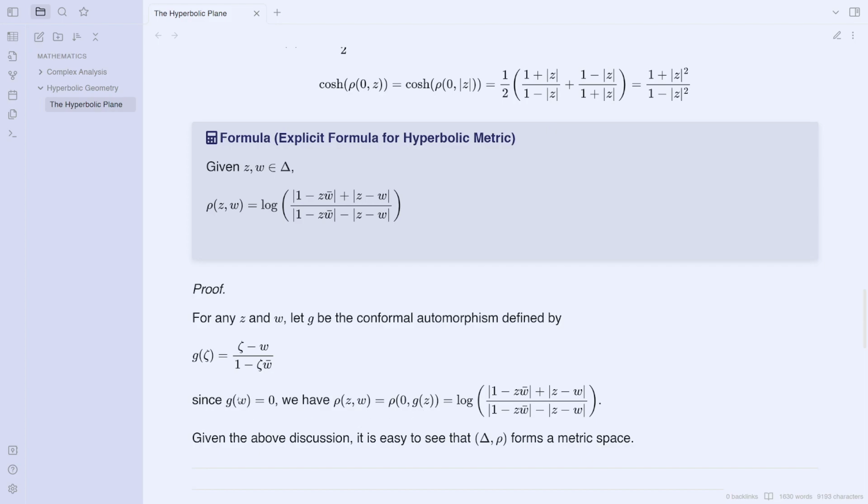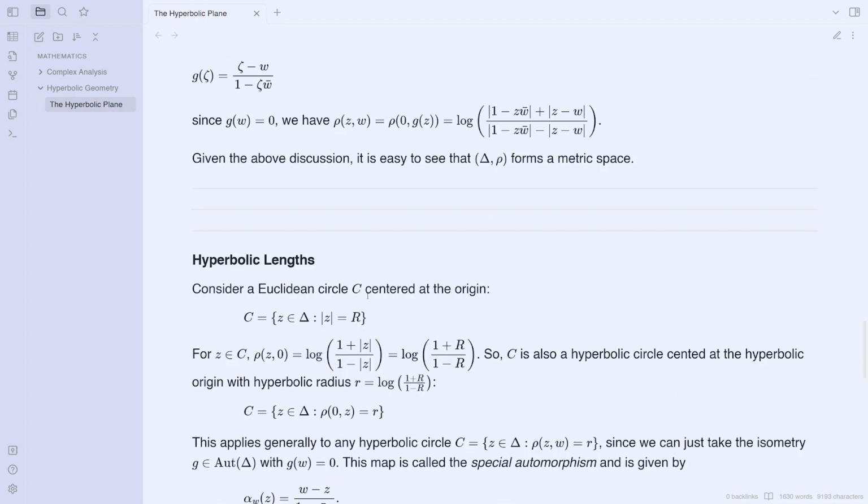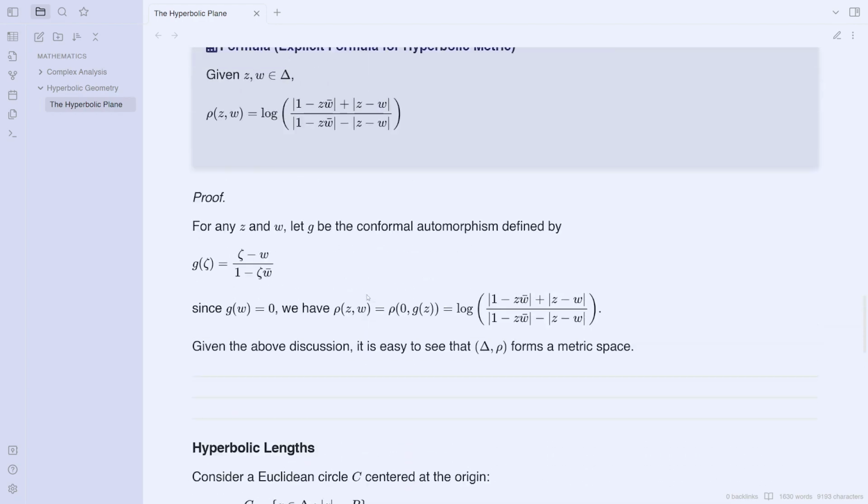I can apply this origin swapping automorphism to each of these entries. Because we're swapping w and the origin, this goes to 0. I just switched the entries to mess with you. And then we use the explicit formula from up here, and we get an explicit formula for the hyperbolic metric. So that's great, because now we don't have such an ambiguous definition, being the infimum of lengths of curves. So that concludes that section.